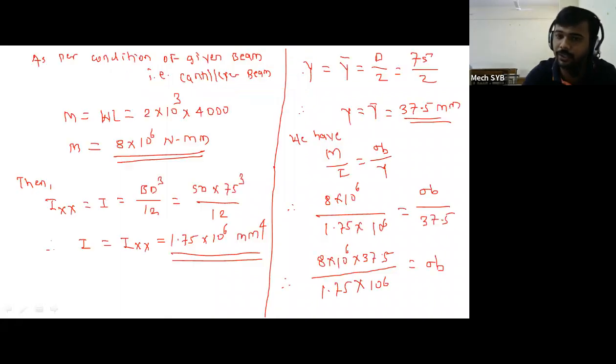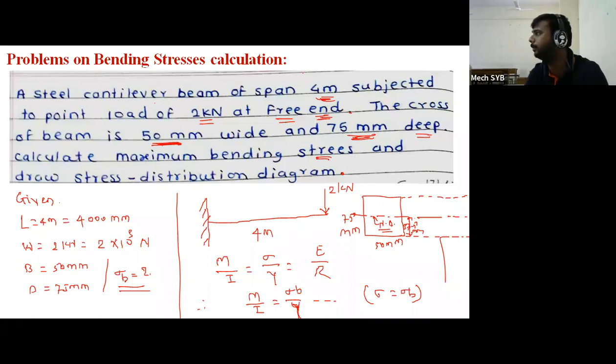If you take your rectangular section in front of you, where is it maximum? Bending stress is maximum at the top fiber and bottom fiber, or top side and bottom side of the section, and it is equal to 0 at the neutral axis. It is always 0 at the neutral axis.